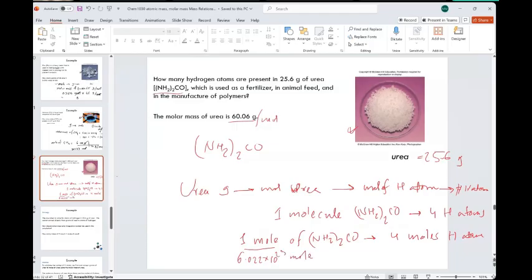Instead of this number, I'm saying 1 mole, Avogadro number of molecules of this urea. So these molecules of urea will have 4 times 6.022 times 10 to the power 23 hydrogen. Does this make sense?